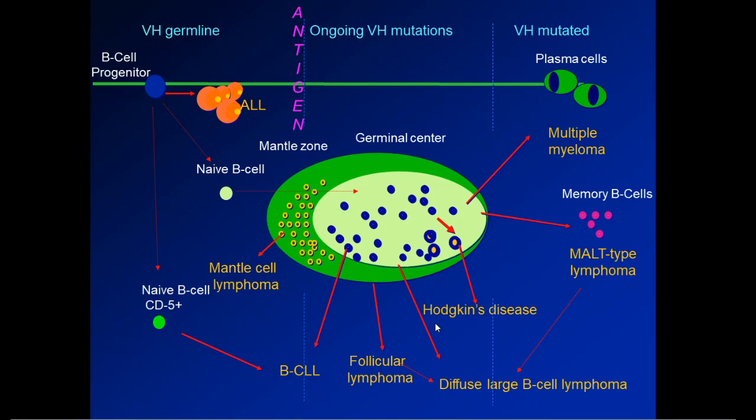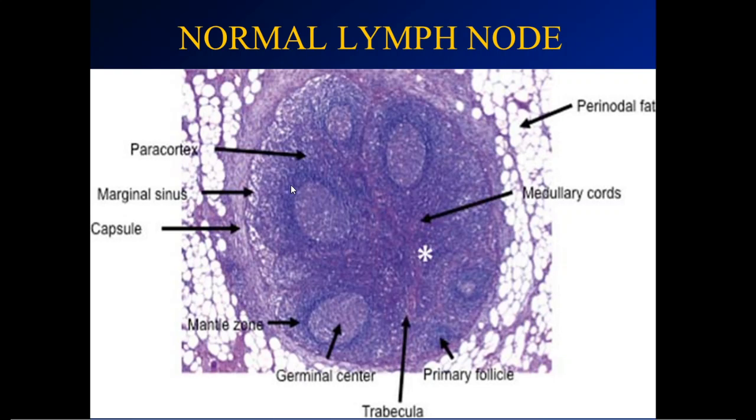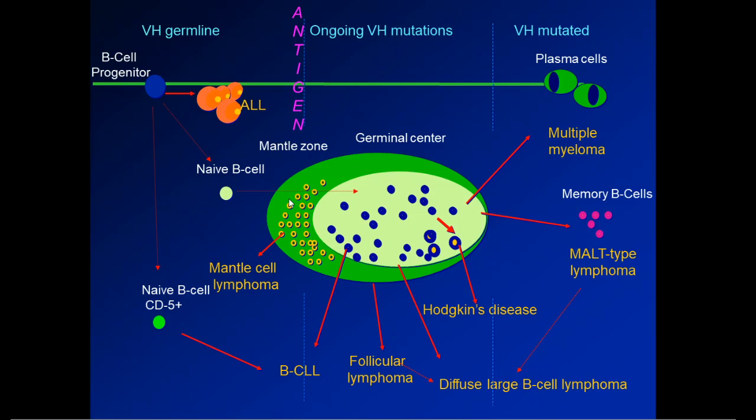And according to the origin of the lymphoma, we name it. What do we have? If a lymphoma arises from this part, the more condensed, more dark part of the lymphoid follicle, this part has a name, the mantle zone.